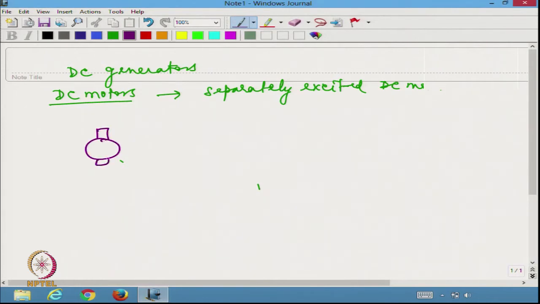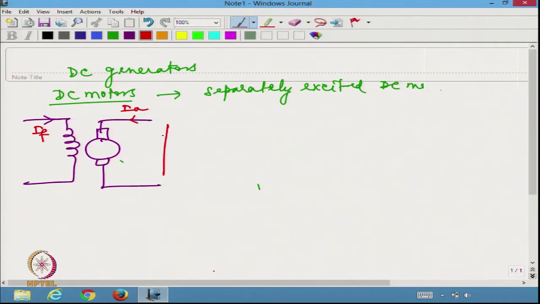This is my armature and this is the field, and the field is being separately excited. So this is IF, whereas this is IA, which is flowing from my armature supply.